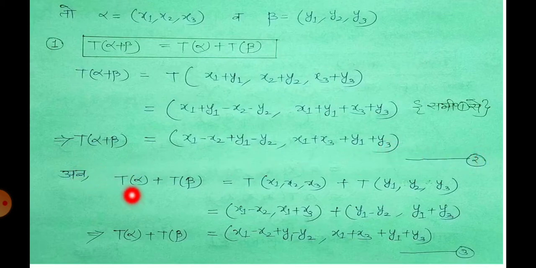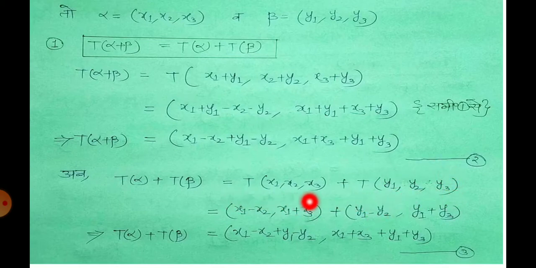Now we find T of alpha plus T of beta. Alpha, x1, x2, x3, we put here, and beta, y1, y2, y3, and T of x1, x2, x3 from the definition is x1 minus x2, comma, x1 plus x3. Similarly, y1 minus y2, comma, y1 plus y3.